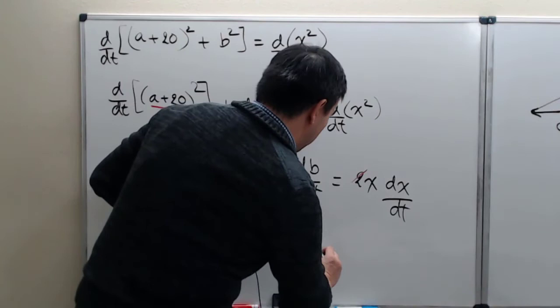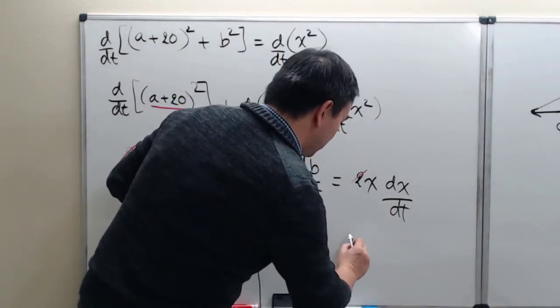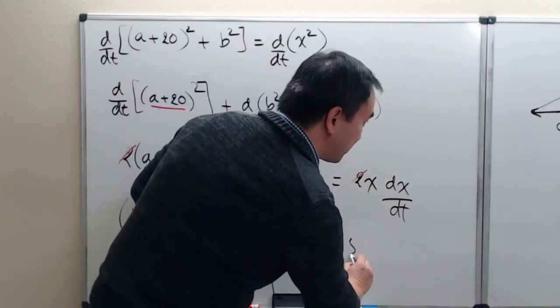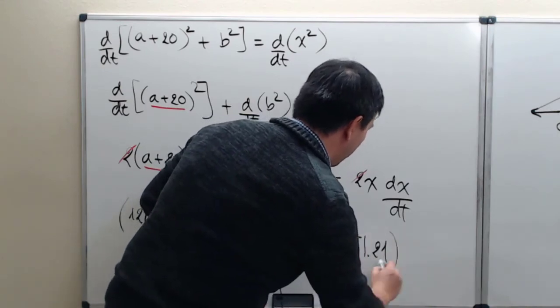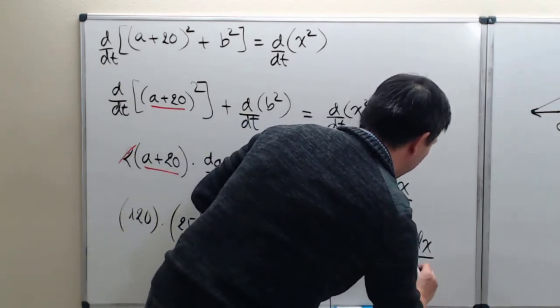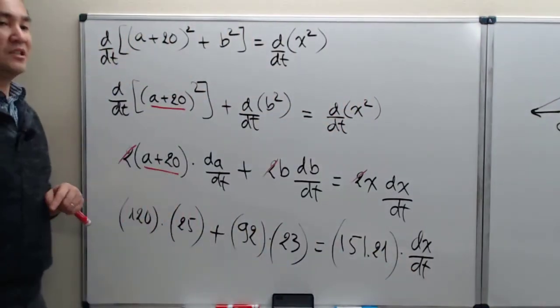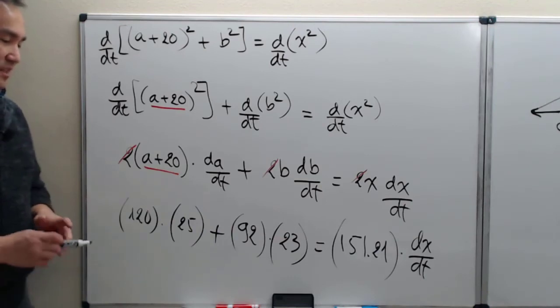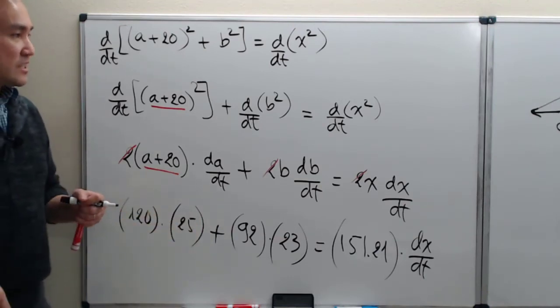And then at that instance, the distance between the two ships is 151.21. Now that's multiplied with dx/dt, and that's what we need to solve for. So have a good clear look at our overall equation. I am going to do a little bit of calculation and get ready for moving on to the next step.